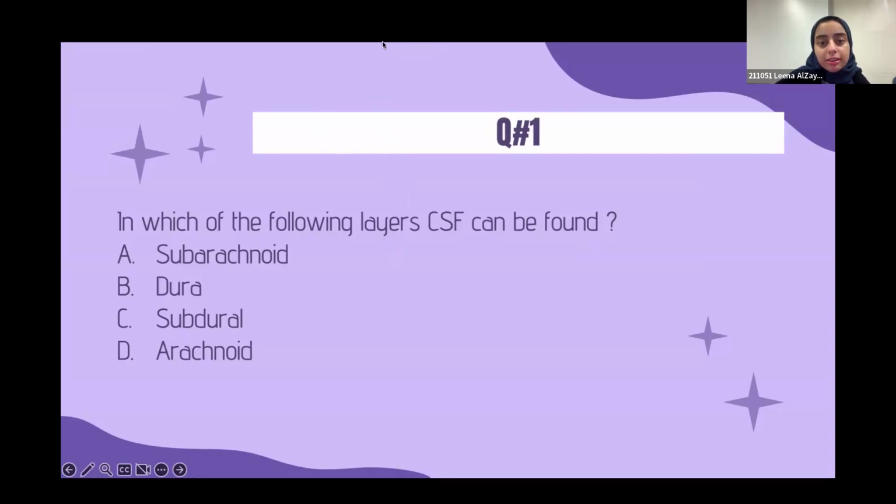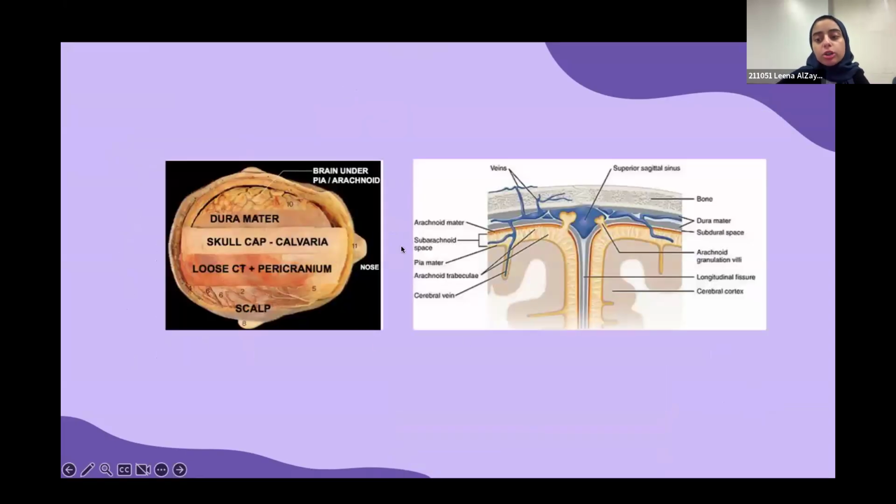As Rudaina said, it's A, subarachnoid matter. Exactly, you guys are right. If we go back to this picture, we can see the layers. First, we have the scalp, then loose connective tissue and pericranium. Then we have the skull and the calvaria, and then the uppermost meninges layer is the dura mater.